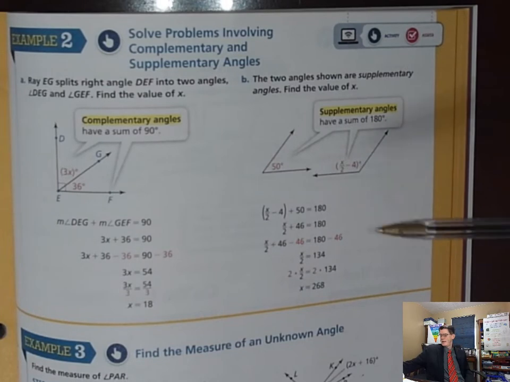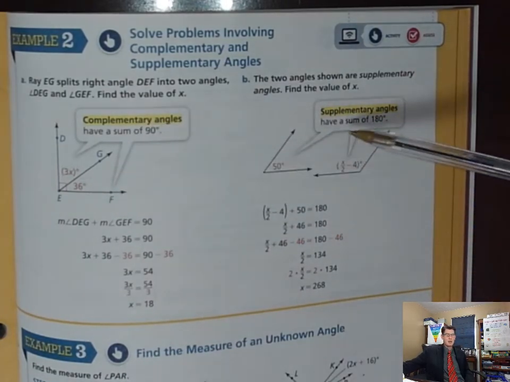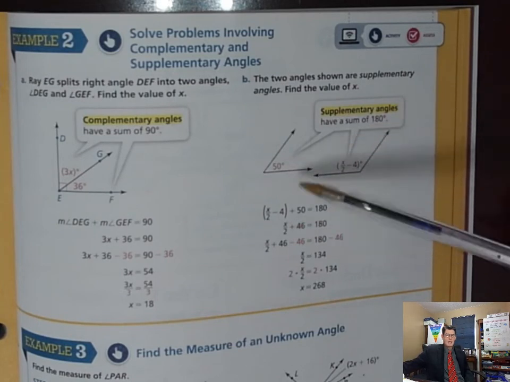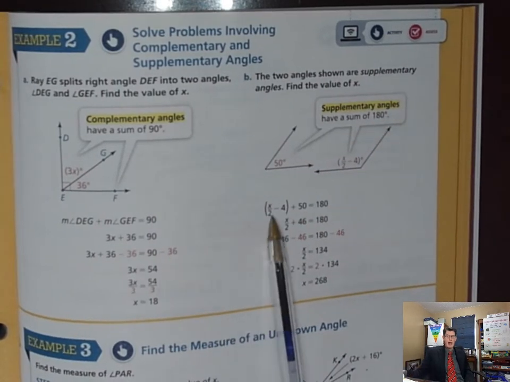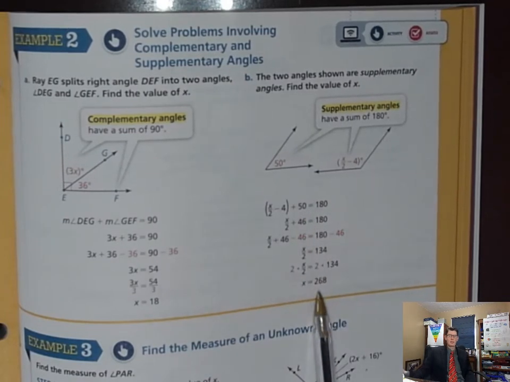Then they've given you these ideas, the complementary that we talked about, the supplementary that we talked about. Hey, if they add up to 180, then right here you can add them together, set them equal to 180, and then work through and solve it.